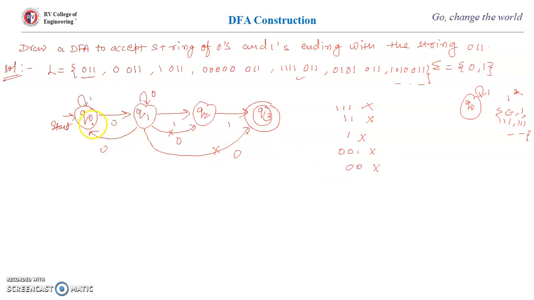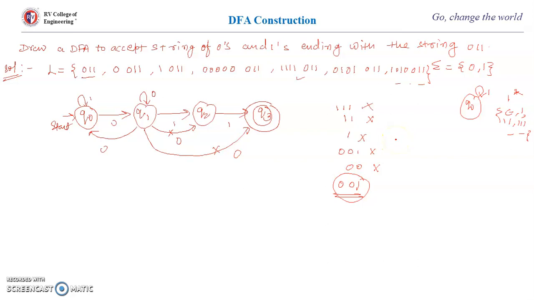If I consider this transition, what happens? 0, 0, 1 is basically a valid string, but here it ends at a non-final state. Whenever a string is valid, it has to end at a final state. So this is a valid string, but as per our DFA it is not accepted by the machine.